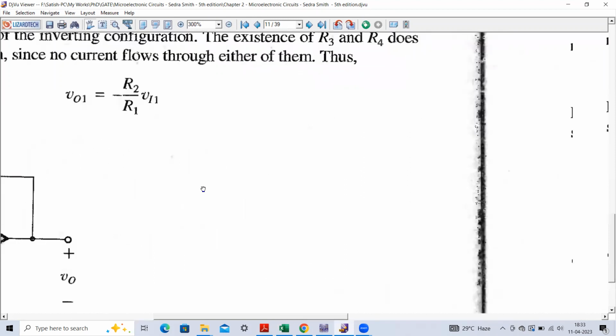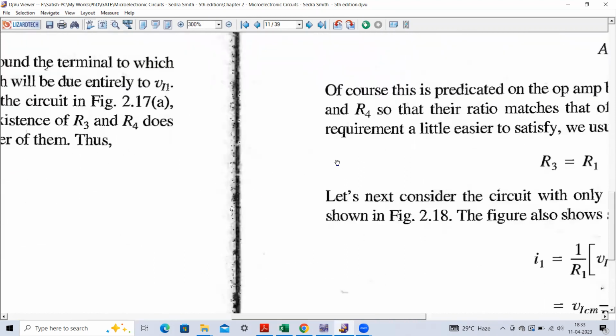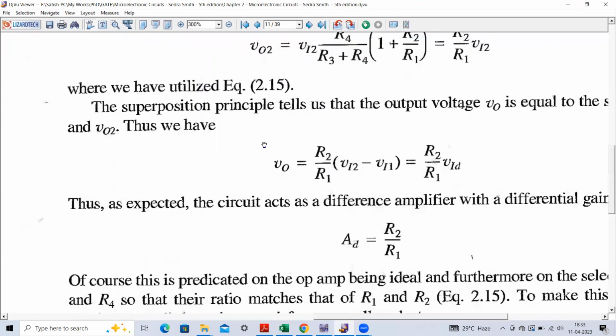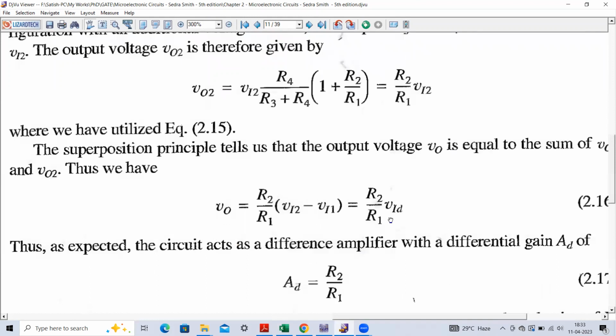Here I will show you what the V output expression is, as given in the book. While applying the condition that R2 upon R1 equals R4 upon R3, and substituting that ratio, you will get V output equal to R2 upon R1 times (VI2 minus VI1).